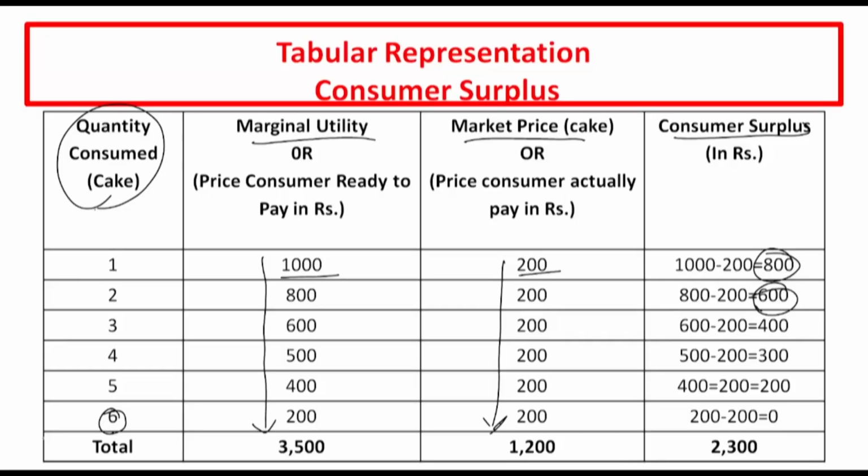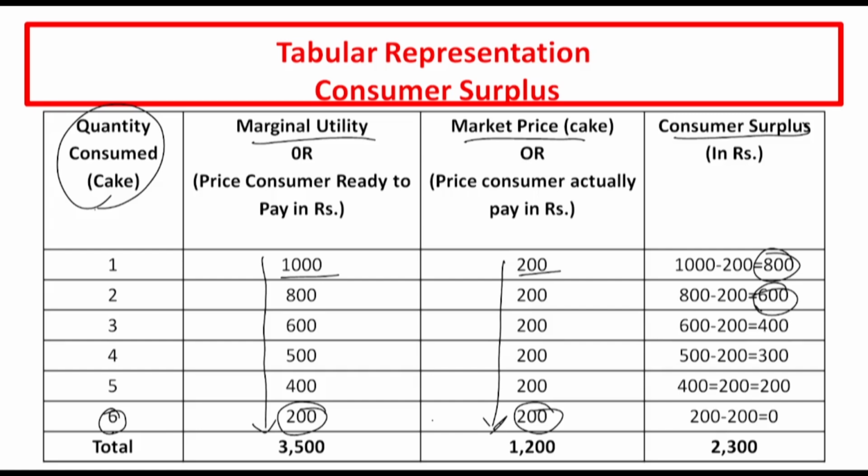When he is consuming this 6th unit of the commodity, he is ready to pay only 200 because now the intensity of the want has completely vanished and the price of the product is also 200. The 200 minus 200 gives you 0. That means at this point, the consumer is not getting any surplus.